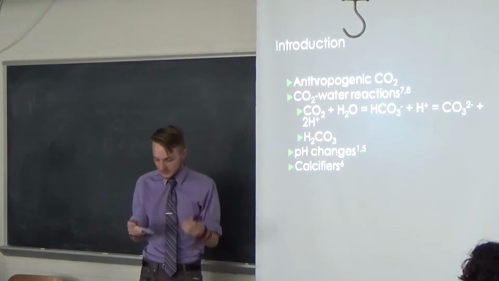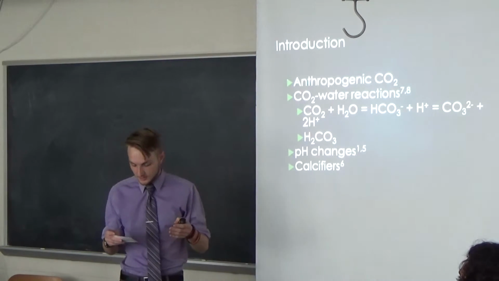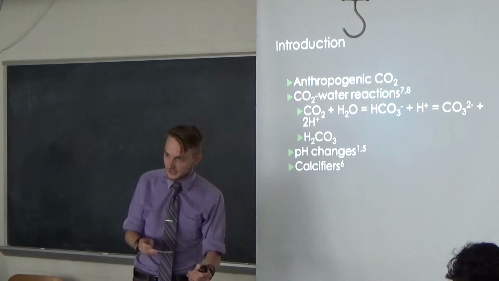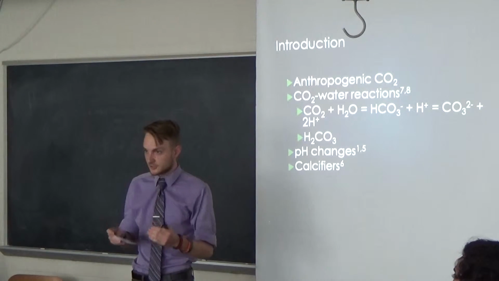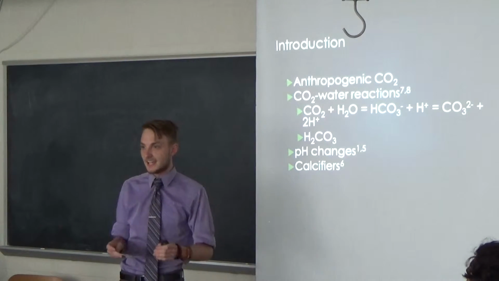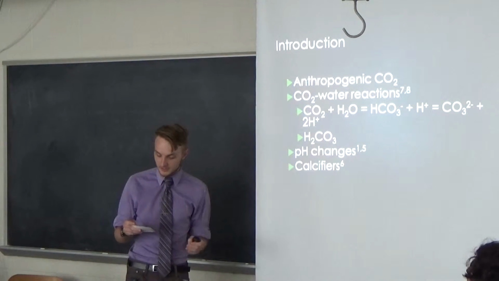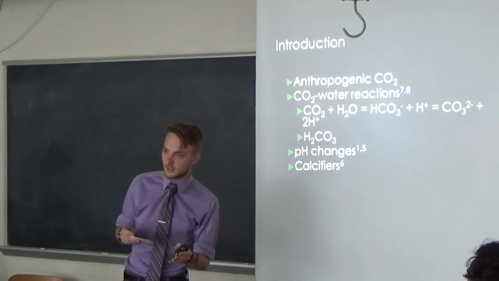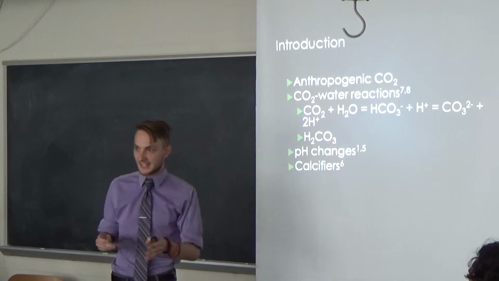CO2 in the water has three main end forms that I'm going to talk about. It has aqueous CO2, and then two main ionic forms, carbonate and bicarbonate. Now, when CO2 enters the water, it reacts with the water to form carbonic acid.